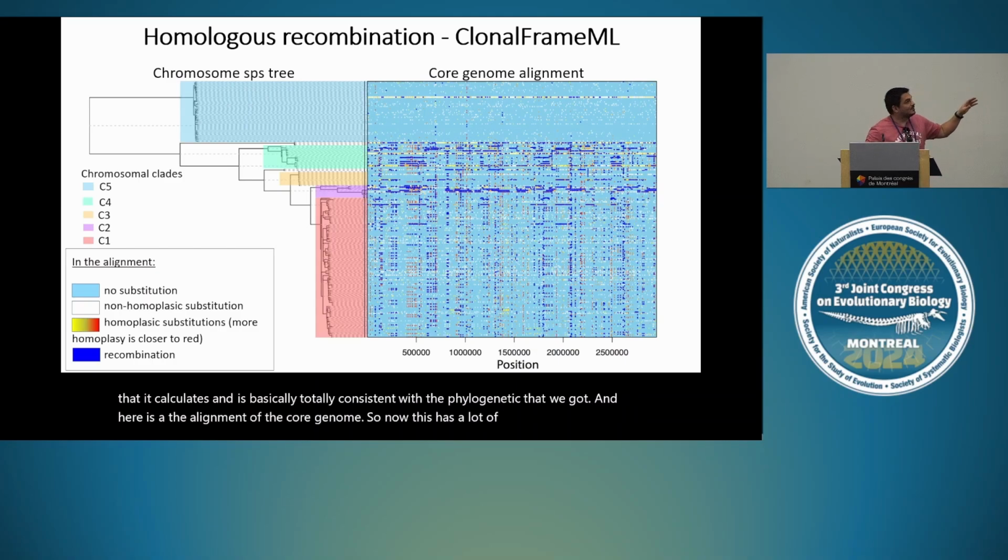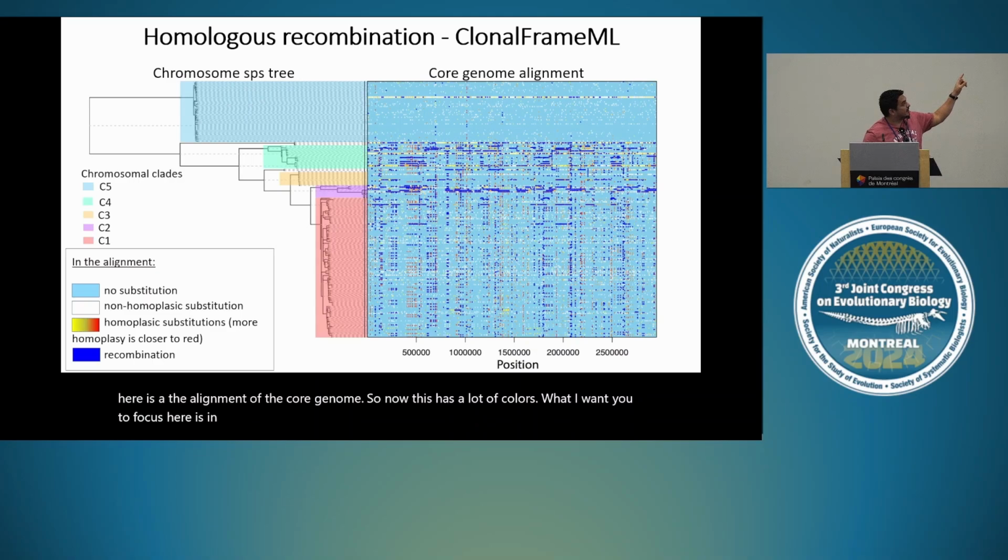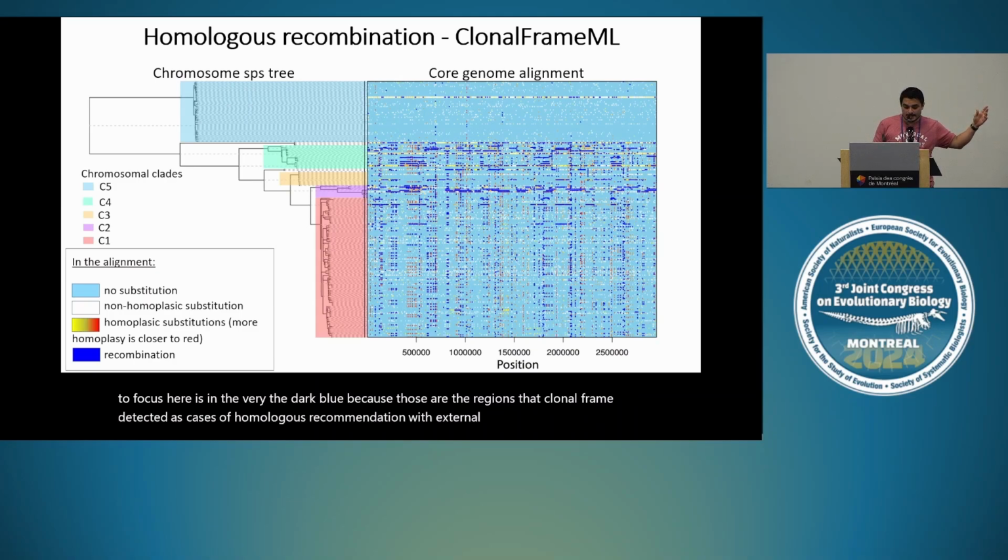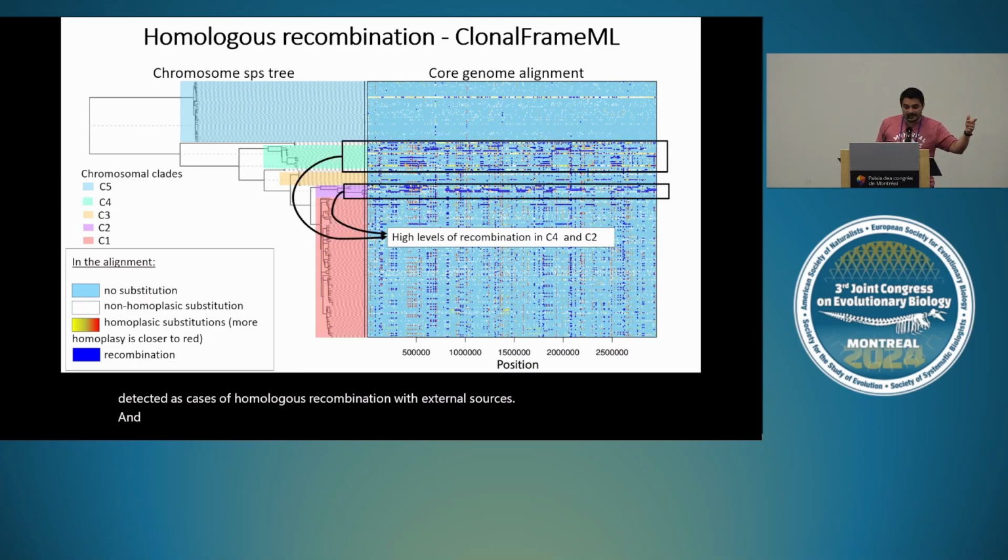What I want you to focus on is the dark blue, because those are the regions that ClonalFrame detected as cases of homologous recombination with external sources. And as you can see, a lot of these potential cases are placed in clades 4 and 2, the green and purple clades.